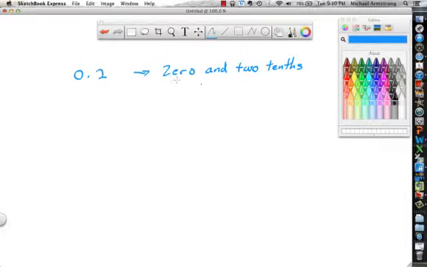So wherever the decimal is, that's where you say "and." 0 and, so 0 whole numbers and what fraction? The fraction is really this 2/10 part. 2/10 can be written as a fraction, obviously, and then it can be simplified down to 1/5. So 0.2 is the same as 1/5.